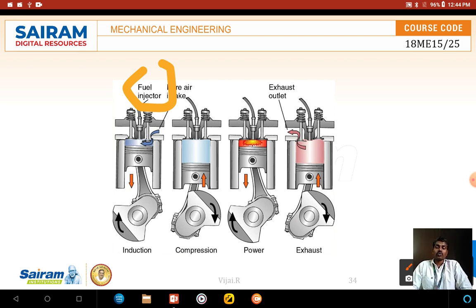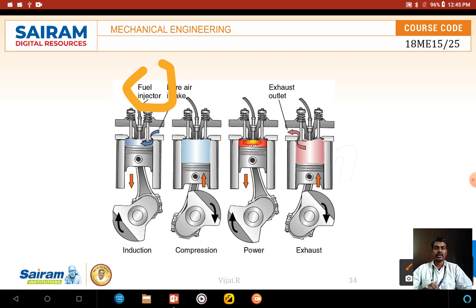But in the petrol engine, we have seen that the air-fuel mixture, air plus petrol, gets inside when the suction stroke takes place. In the case of the diesel engine, only air is taken in. That is the charge here. What we take during the suction stroke is only air.